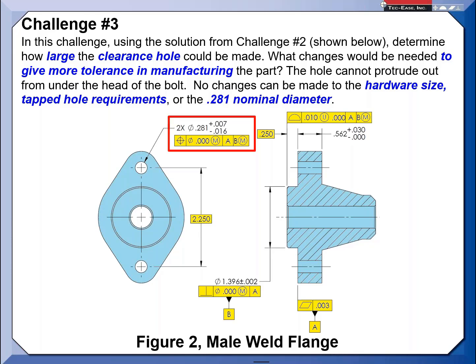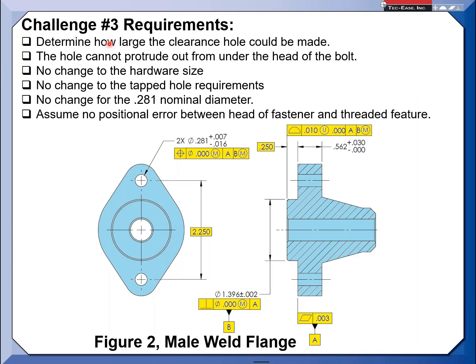So just to break the requirements down, the goal was, how large could the clearance hole be made? The hole cannot protrude out from underneath the head of the bolt. And again, you can't change the hardware size, can't change the tapped hole, and you can't mess with the nominal diameter, 281.